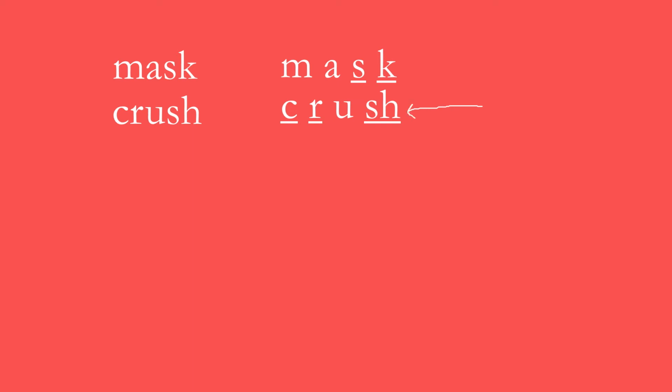Let's try another one. Brick. I can hear the B and the R, so that is a blend, good. And the CK, of course, is a digraph. So that's how we're going to mark it. The B and the R get their own underline, and the digraph gets its own underline.